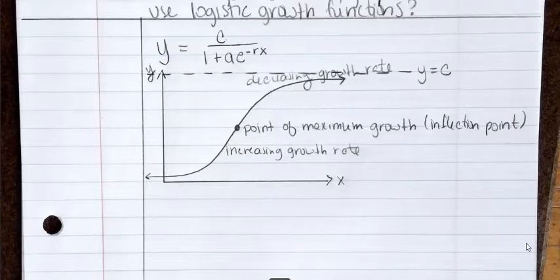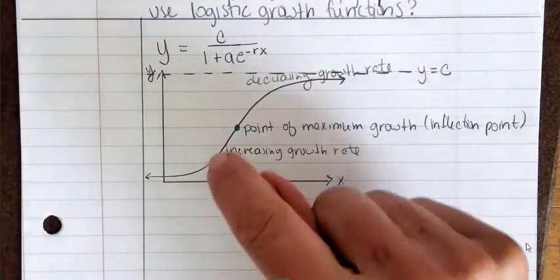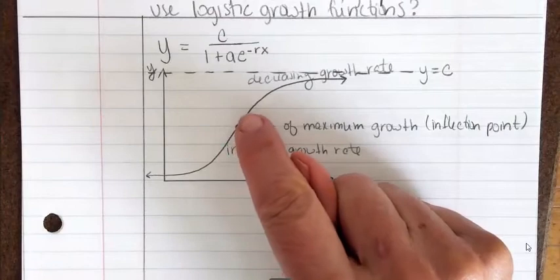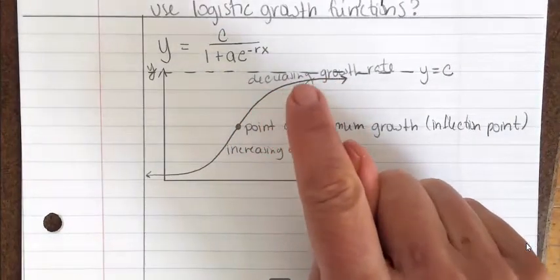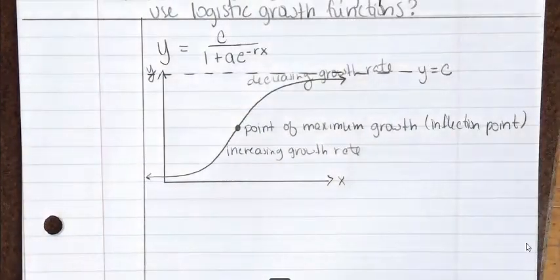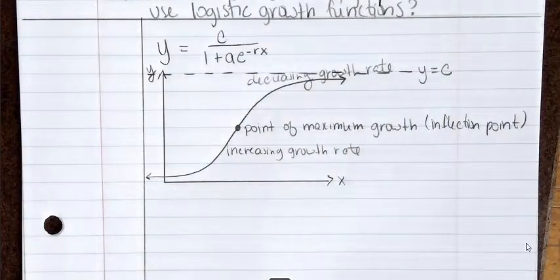Basically, these are exponential growth functions that don't increase without bound. Something happens where you've got this really crazy increase, and then all of a sudden it starts to decrease. The growth rate slows down. I like to use the example of a bunch of rabbits on an island. You start with an island that has no rabbits on it.